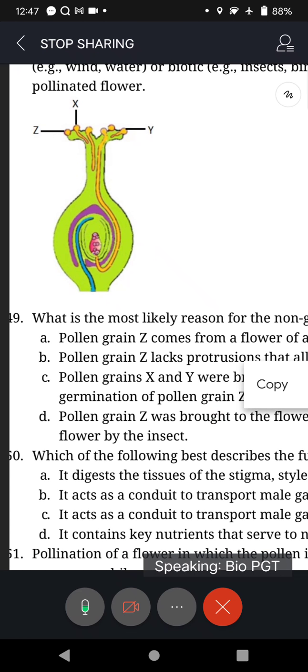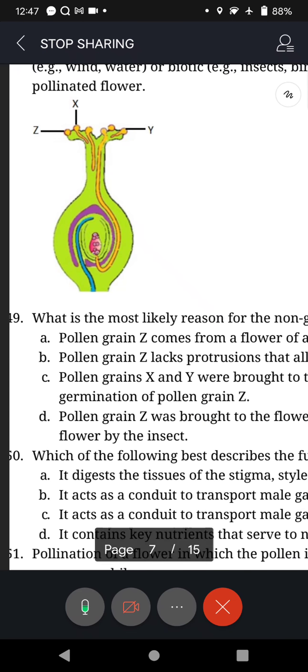Now, for the sake of our Rakesh, I have expanded it. You see now, Rakesh, focus on all the 3 pollen grains. X, germination started, pollen tube. Y also started. Z, it has not yet started. So according to Prasad, the reason being incompatibility.